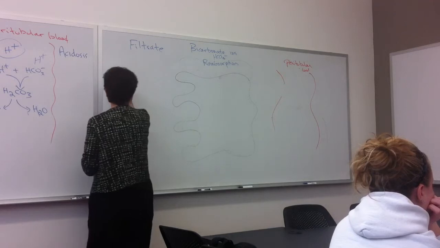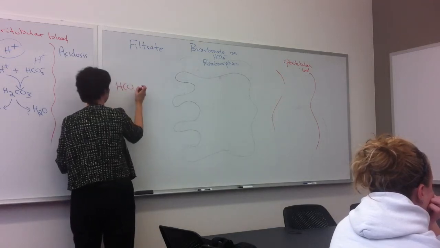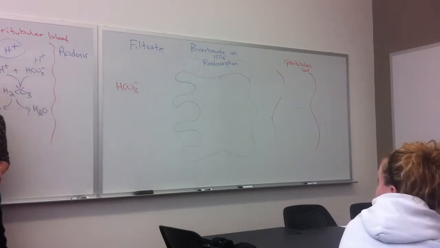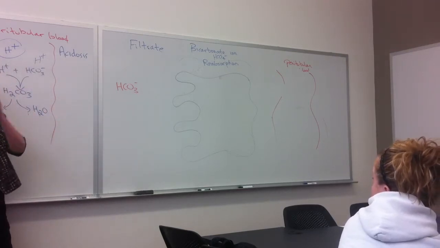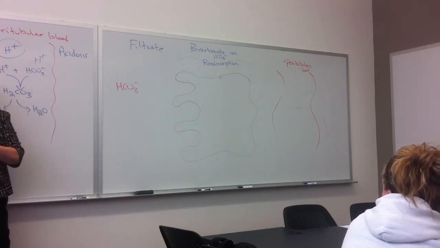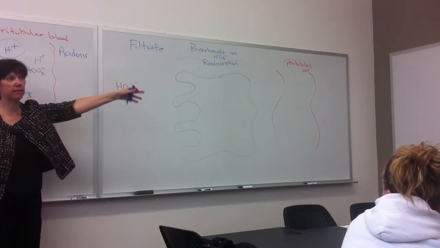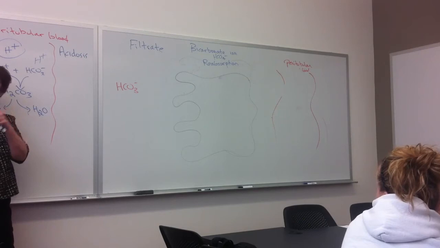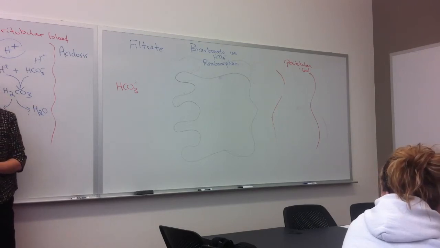Now we have bicarbonate ions that are in the filtrate because they were filtered. And we're going to move them back into the blood, so that is bicarbonate ion reabsorption. Bicarbonate ions don't have any transport channels in the apical membrane, in the microvilli. So we have to convert it to carbon dioxide.